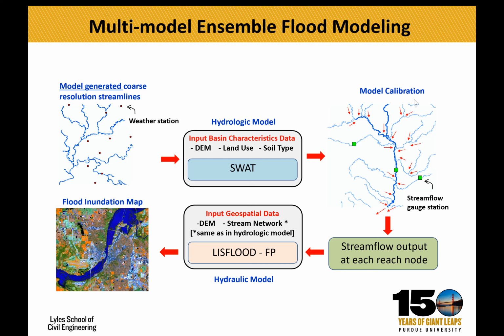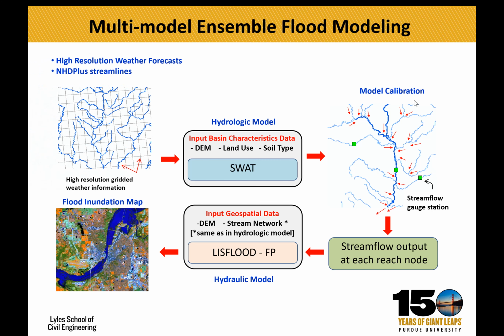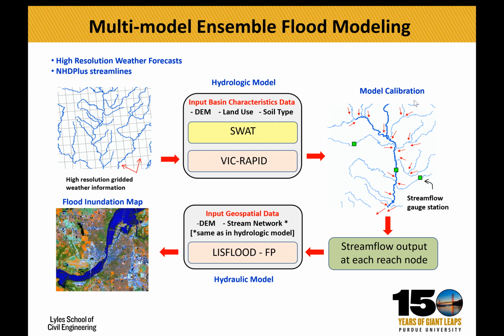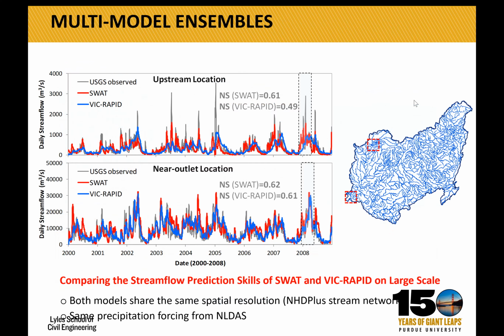So the idea here is, if we have multiple estimates, how can we come up with an ensemble, and that will give us not just one flood inundation map, it will give us a probabilistic flood inundation map. So instead of using one input, we use multiple inputs. Instead of using one model, we use multiple models, and then we end up with probabilistic stream flow estimates that you see here.